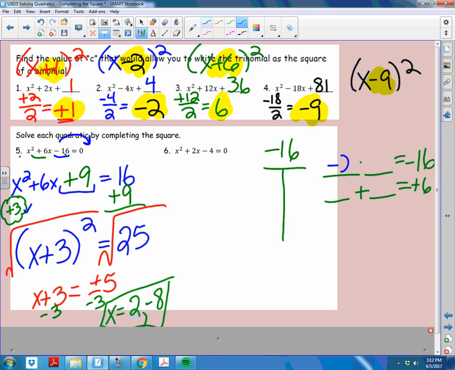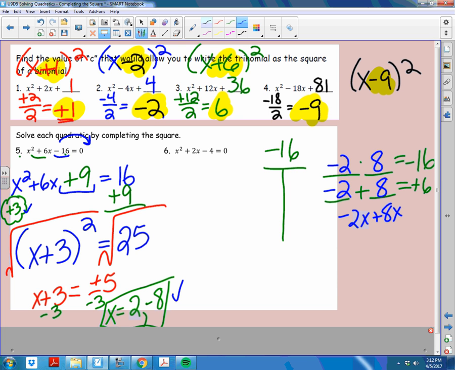Because negative 2 times 8 works for that, which means it's factorable. You could have done this and then used negative 2x plus 8x and factored that and gotten the factors and then found the solutions. That's the way I would have solved this one. And by the way, if you had done all this, you would still get these as answers.